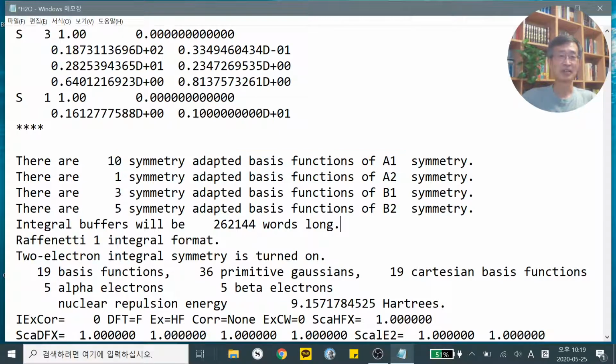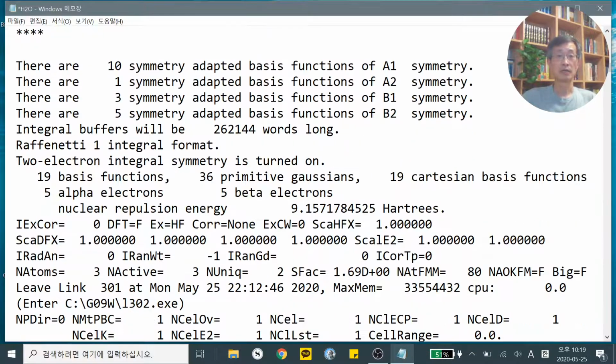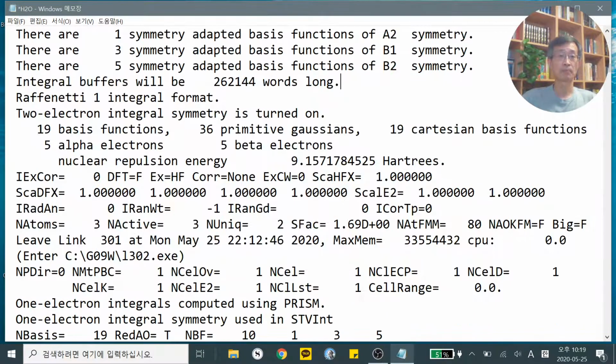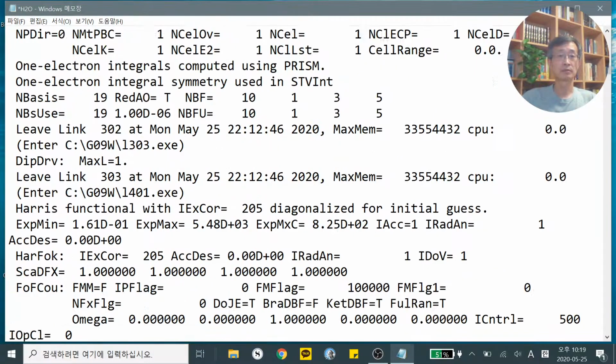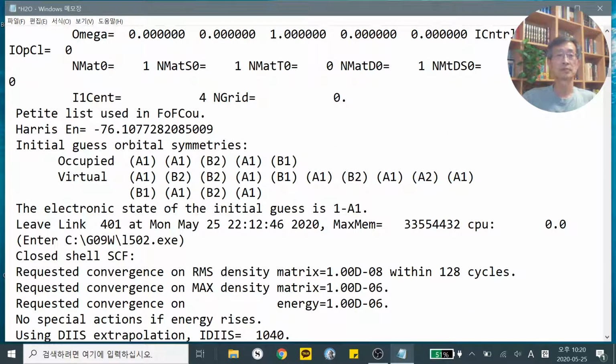Then 5 B2 symmetry orbitals, and you combine only these orbitals to make A1 orbitals, and combine those to make B2 orbitals. Symmetry adapted linear combination, SALC, generates molecular orbitals.